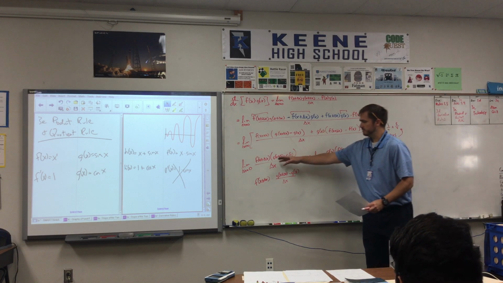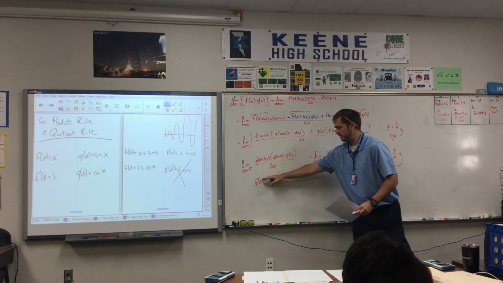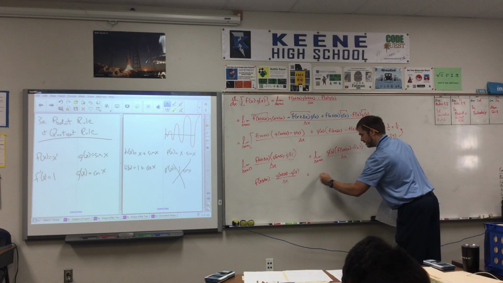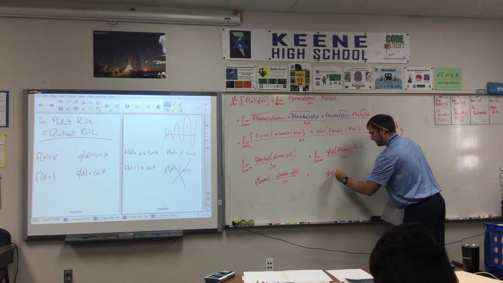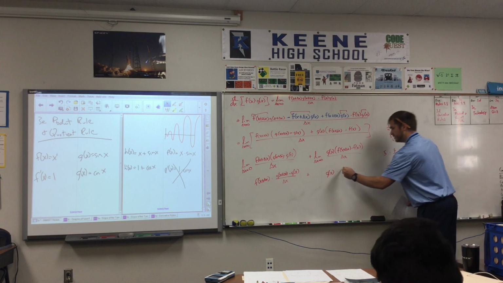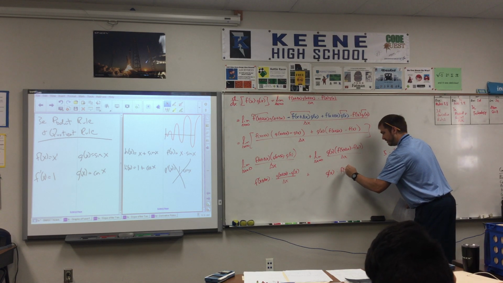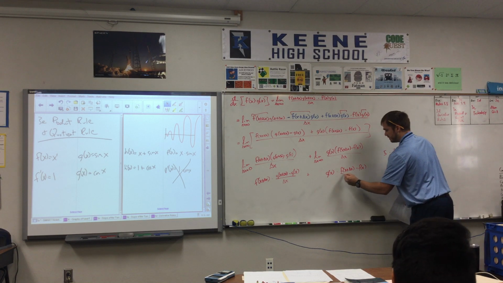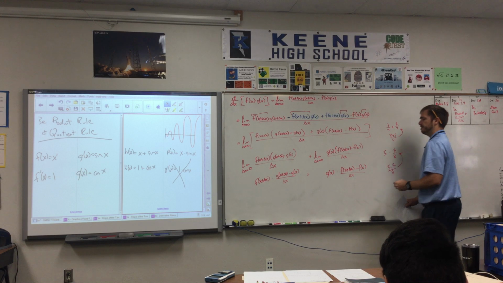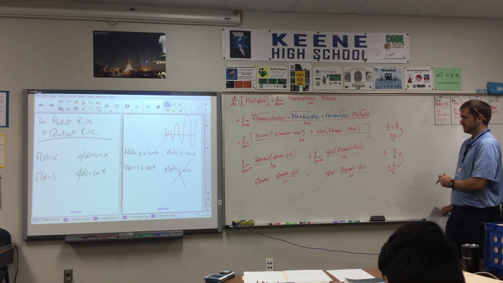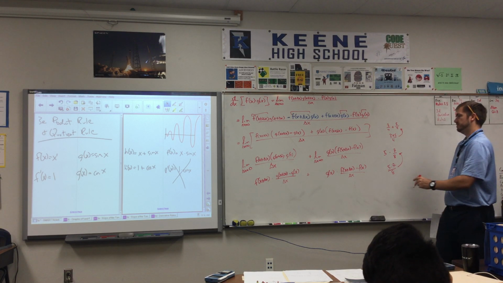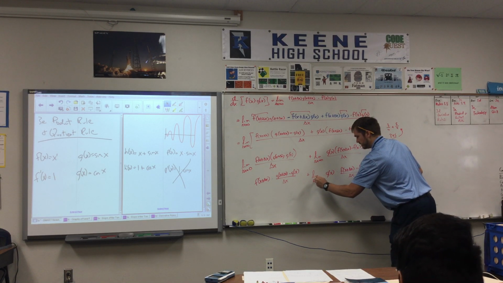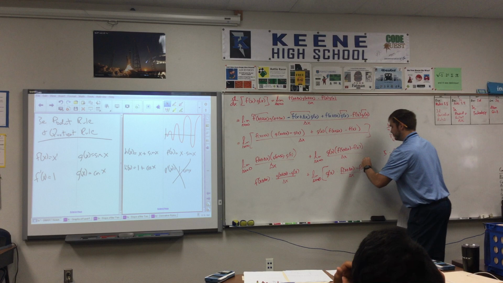So I'm sort of just peeling this part off here. And I'm going to do the same thing over here. I'm going to write g of x times f of x plus delta x minus f of x all over delta x. And I guess I better write the limit as delta x approaches 0 of this thing.